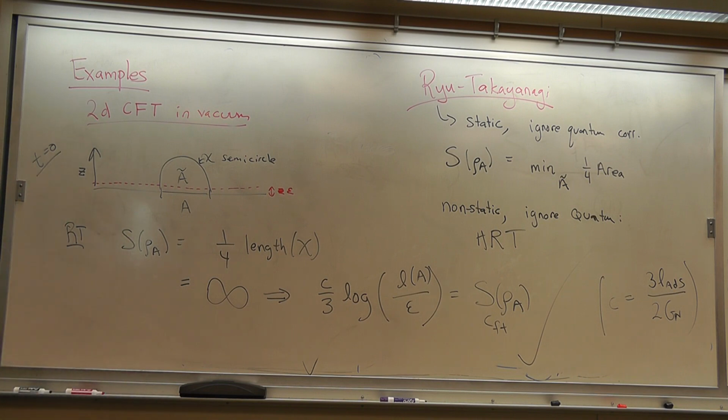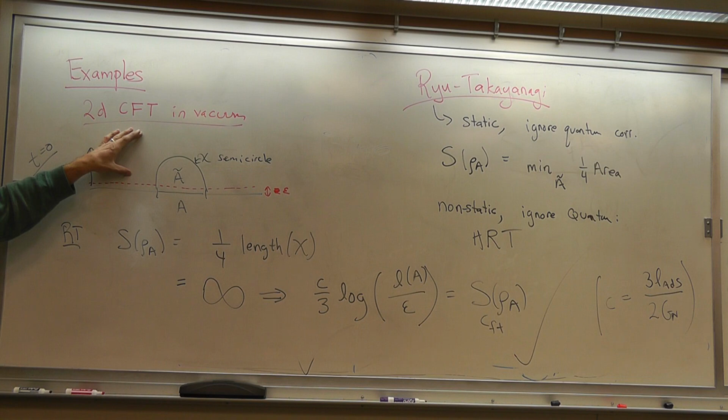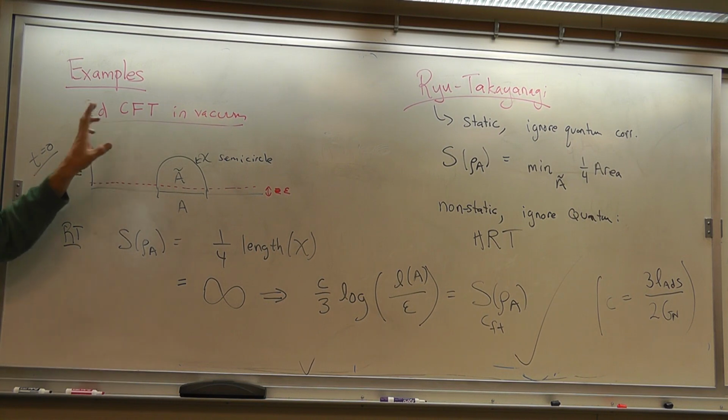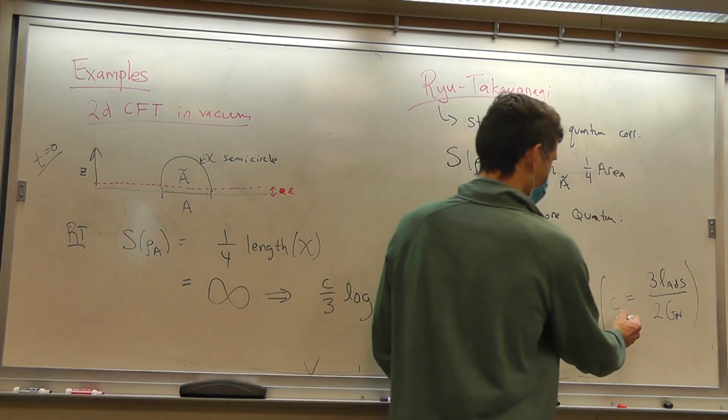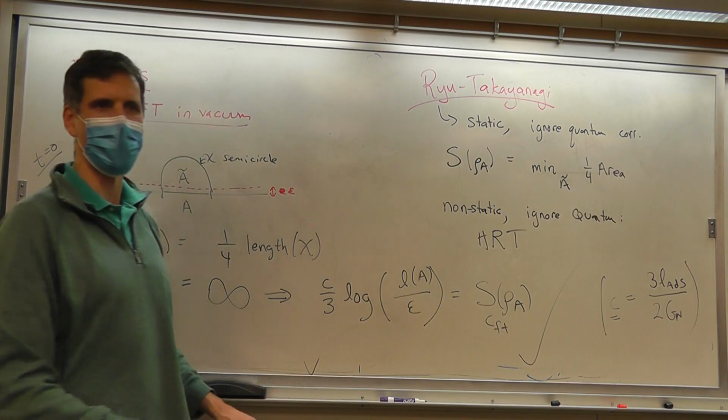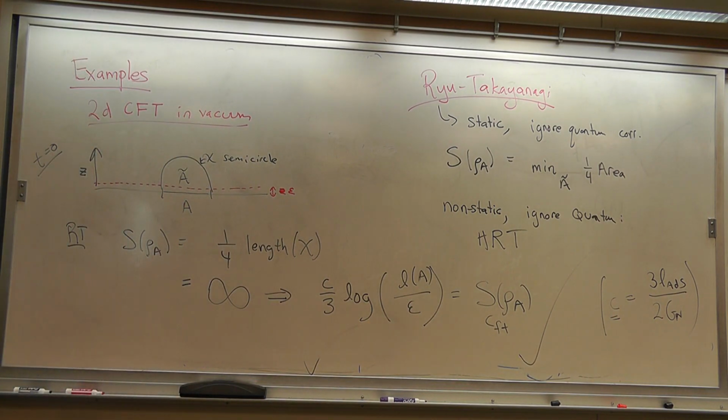But I think you could include arbitrary higher curvature corrections in your gravity theory and arbitrary matter content, and you would still get this formula. And that would be a very strong hint that it's true even for non-holographic theories. It's not a perfect derivation or anything, but we think of holographic theories as being an expansion at large central charge. And if this formula is true to all orders in that expansion with any kind of matter content, then it would suggest that it's just plain true, and in this case it is just plain true.